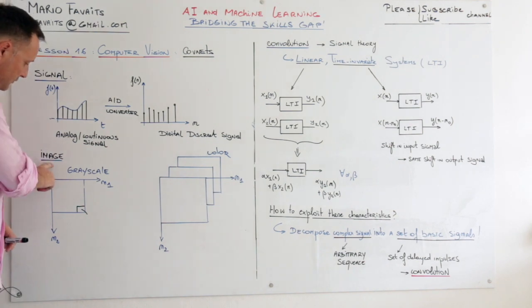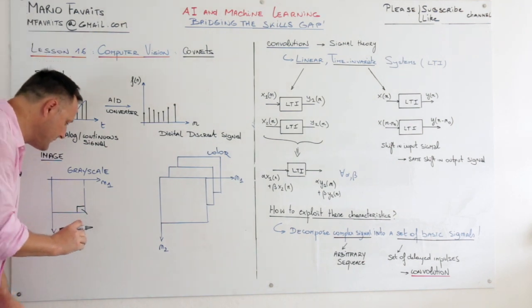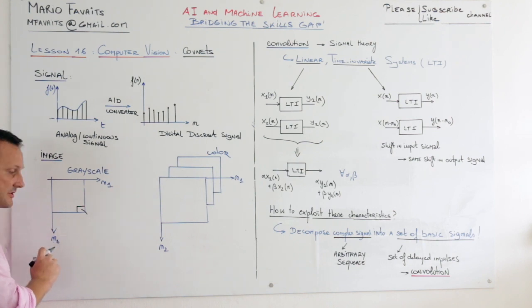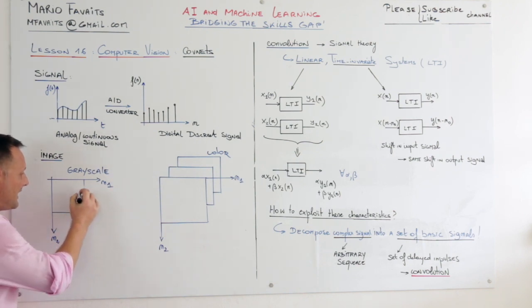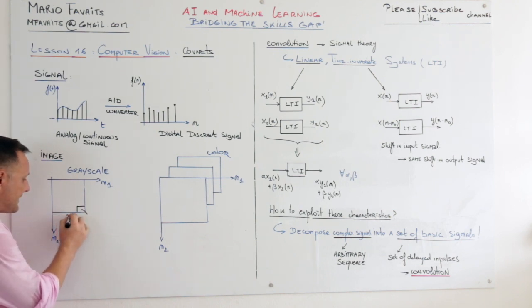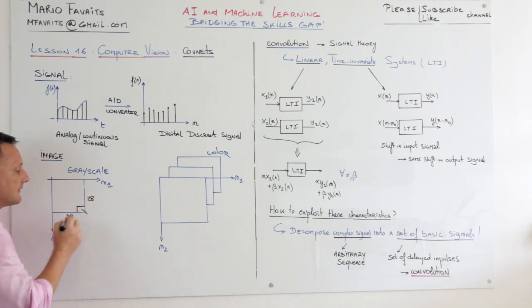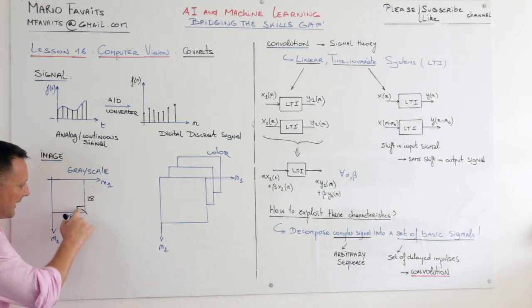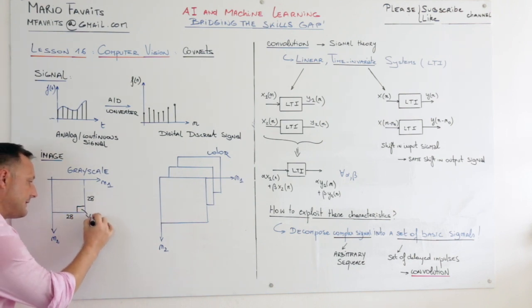All right. So how do we represent an image? Well, this is a grayscale image, and we have N1 and N2. So this is your image. It has 28 by 28 pixels, and the values you have here are the intensity.